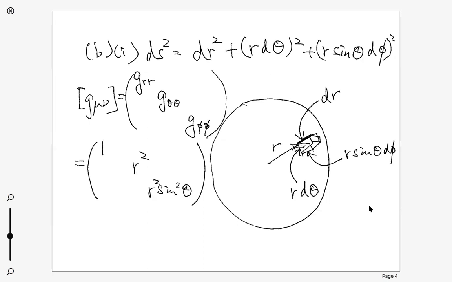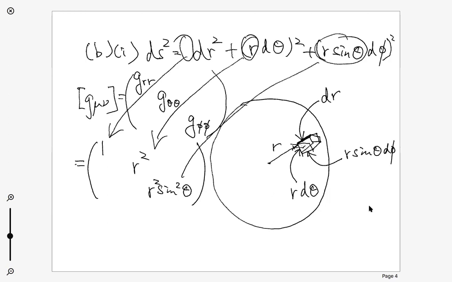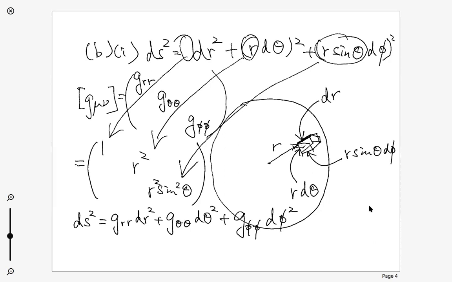In case some of you don't know what's happening here, we're just substituting the result here into the metric, because the metric is supposed to be written as g_rr dr squared plus g_theta theta d theta squared plus g_phi phi d phi squared, right?